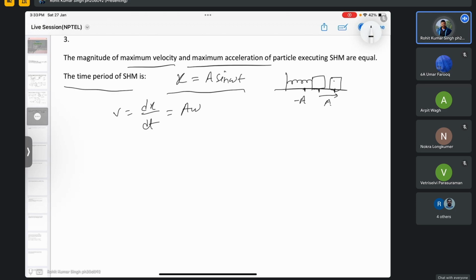A omega, and differentiation of sine is cos. Correct? Everyone knows how differentiation is done, or does anyone have any doubt? And so we need maximum velocity. So V max. Now, what will be the maximum value of this thing?